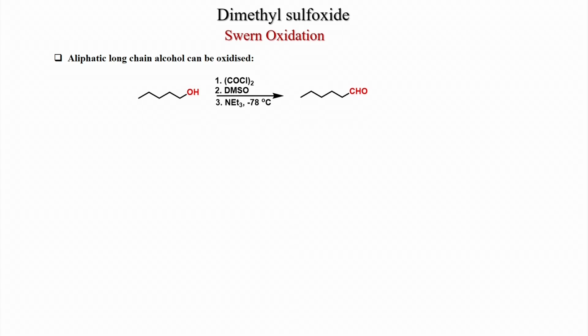Here an aliphatic long chain alcohol was oxidized with Swern conditions, oxalyl chloride, DMSO, triethylamine, minus 78 degrees centigrade, and you get this aldehyde in good yield.